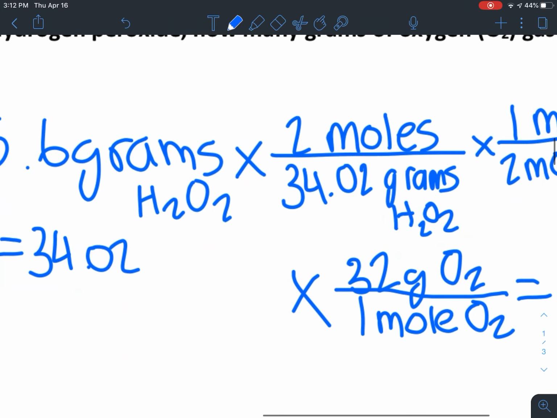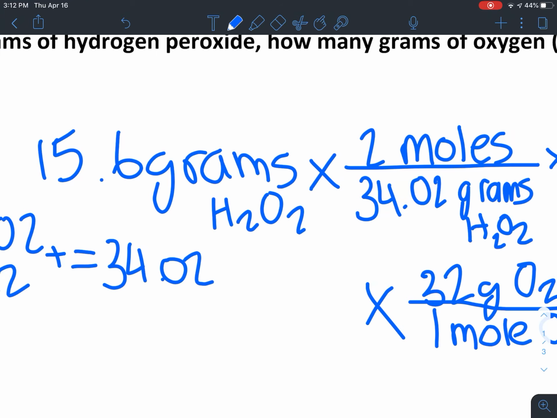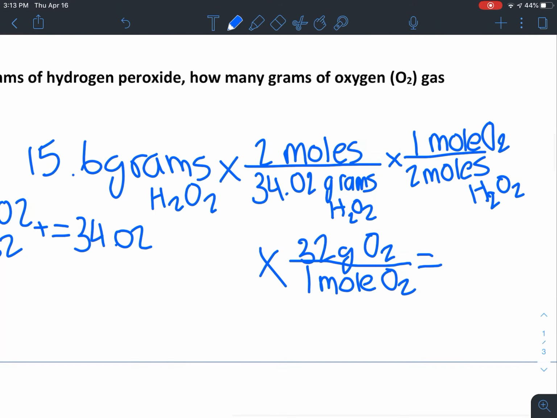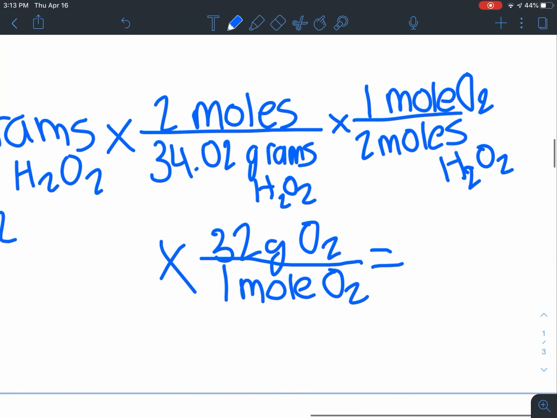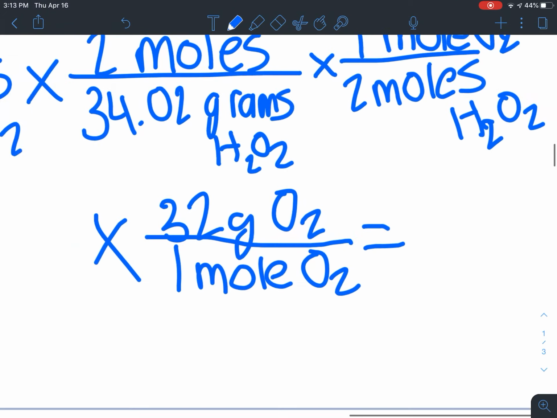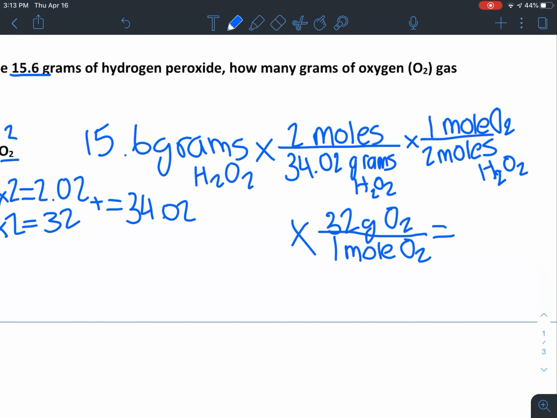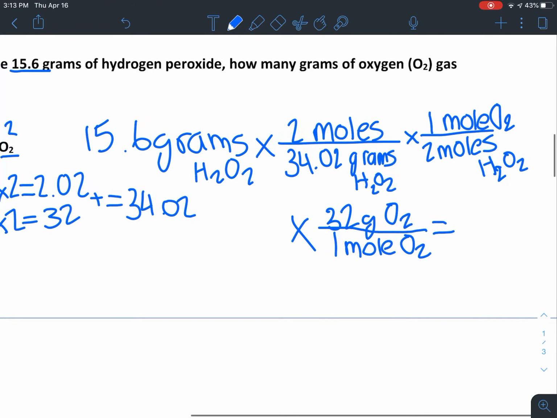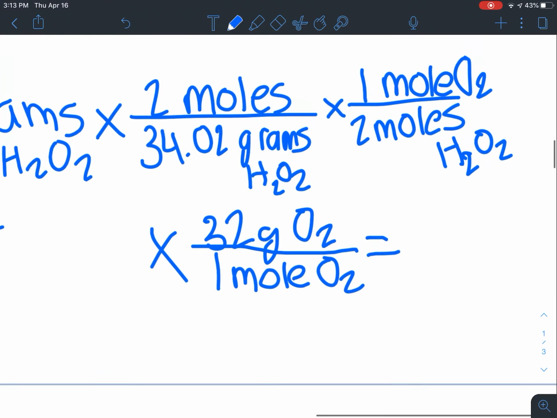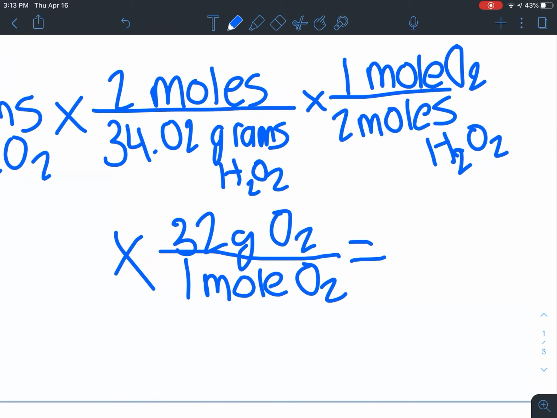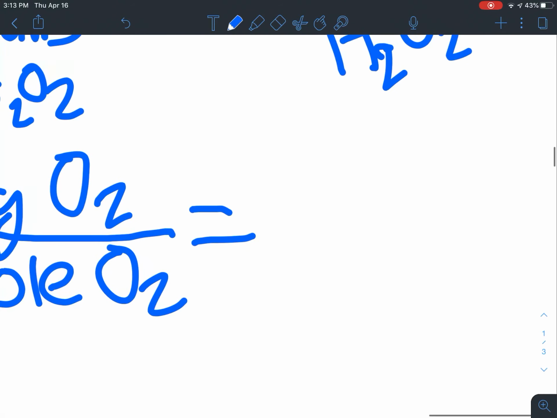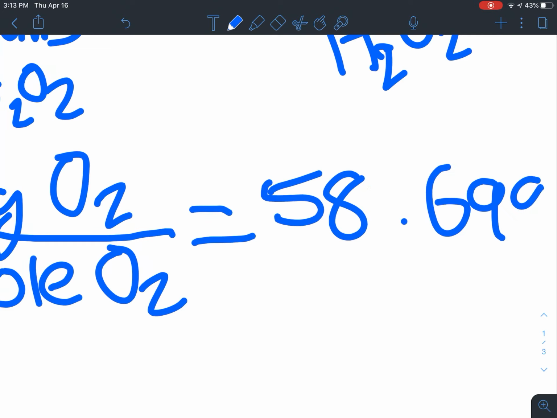So what we are going to do is 15.6 times 2 times 1 times 32. And then we have to divide that by 34.02 times 2 times 1, which will give us the answer of 58.699.